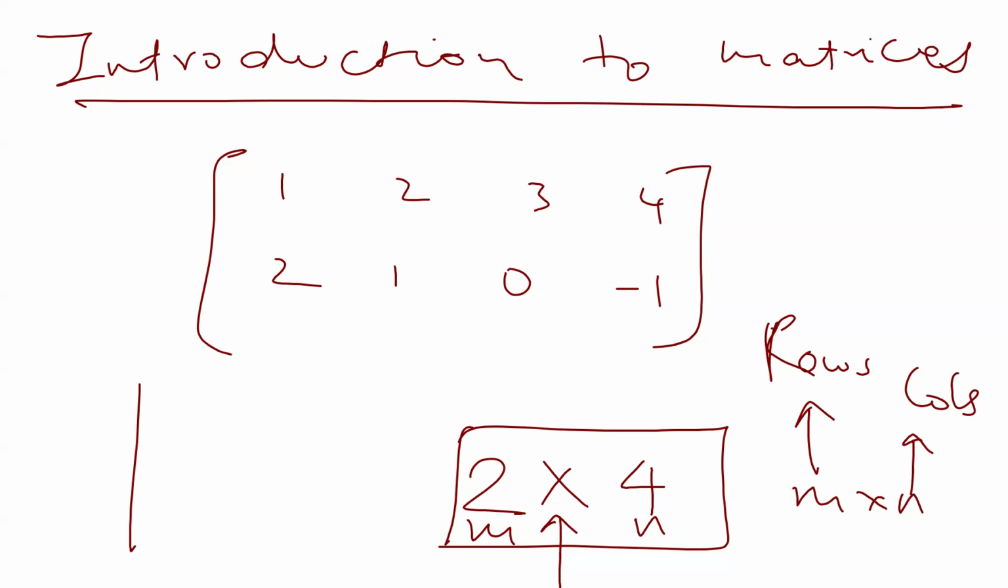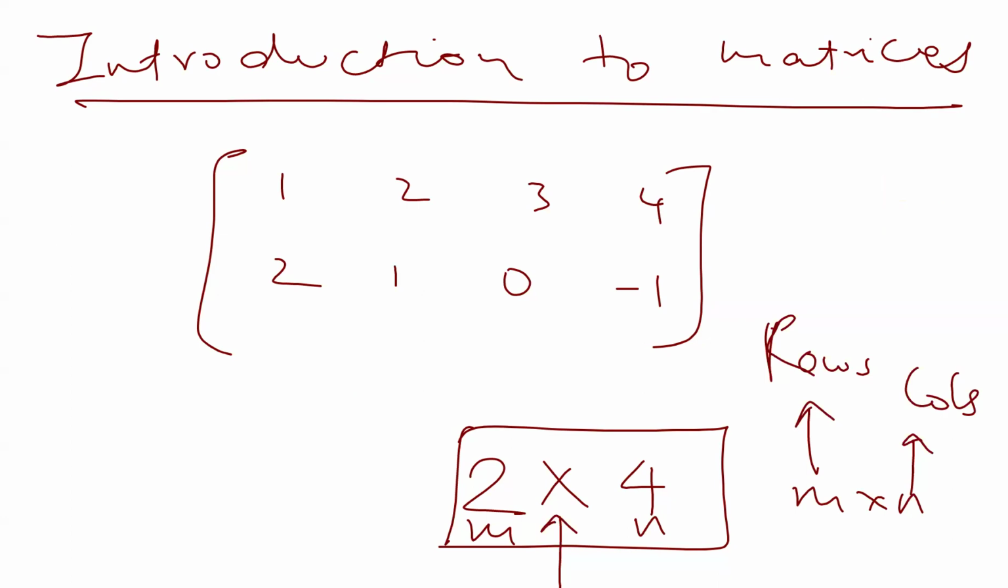Modulus is for a single number. Determinants we did last year, so you know what a determinant is. A determinant can be solved, but a matrix cannot be solved. We cannot solve this matrix; it will remain as it is. So that's the first difference between a determinant and a matrix that you should know.